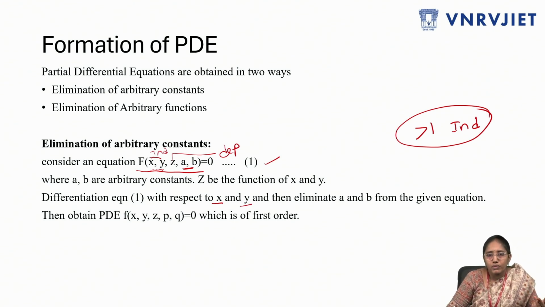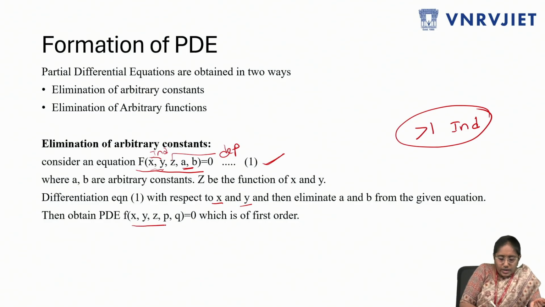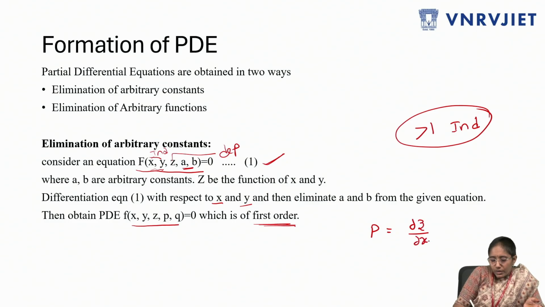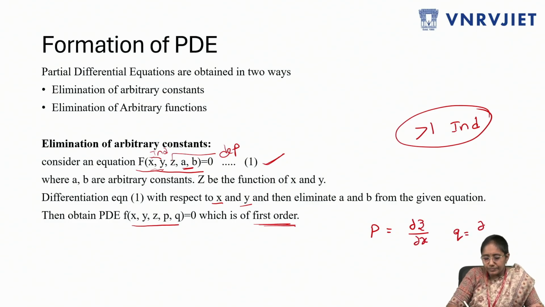From those two equations together with the given equation, eliminate a and b and find the expression in terms of x, y, z, p and q equals 0, which is the differential equation of first order. Here p has the standard notation dou z by dou x, and q is dou z by dou y. These are the standard notations in partial differential equations.